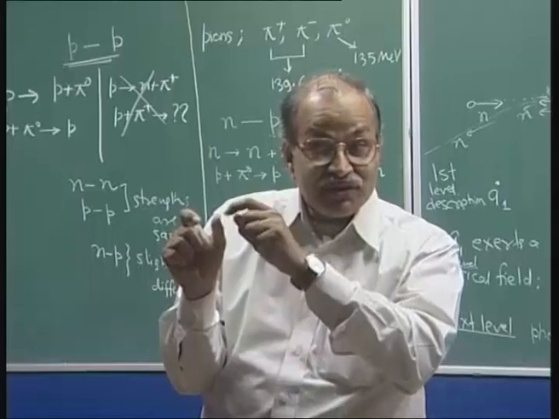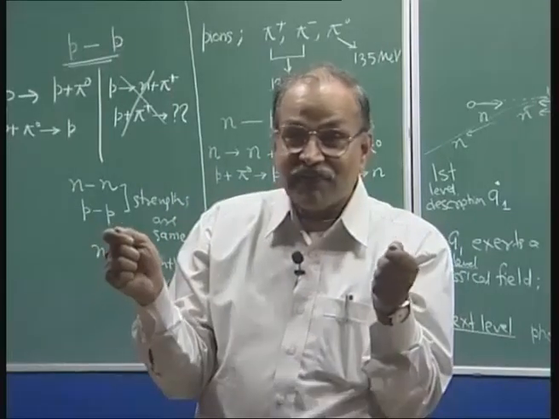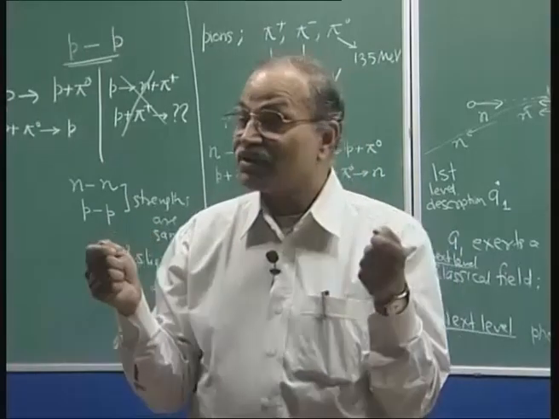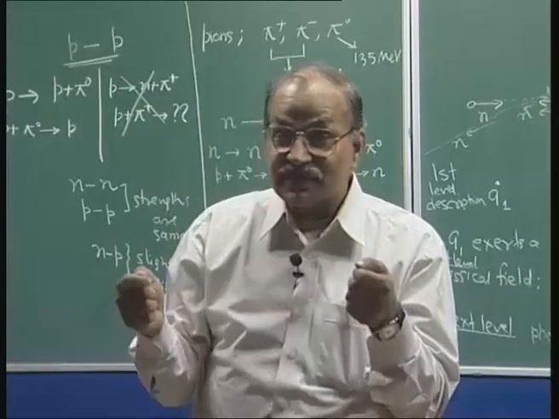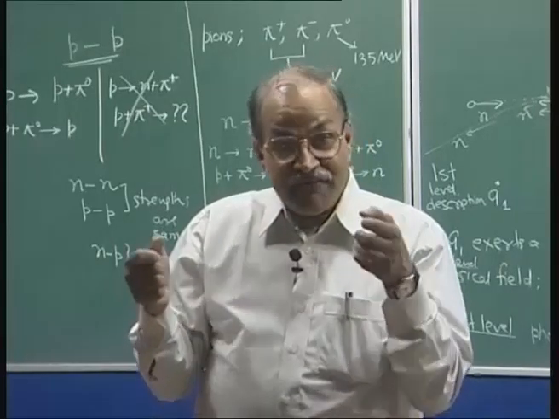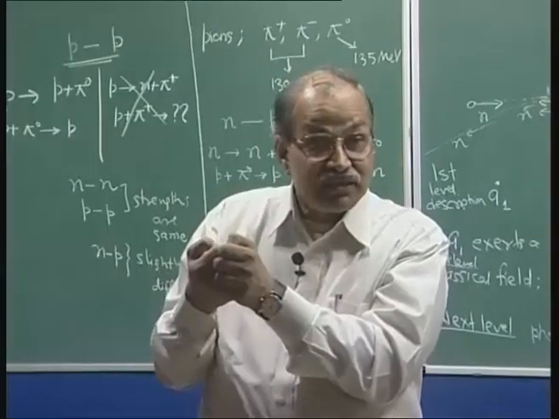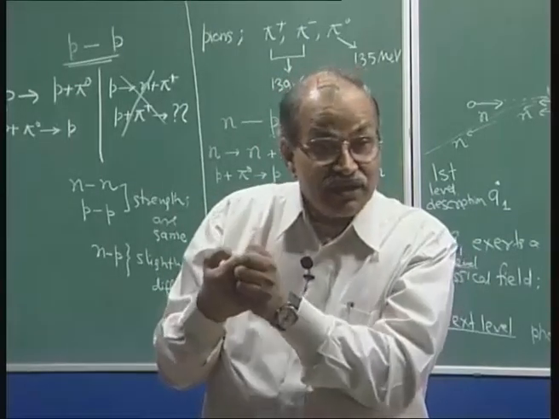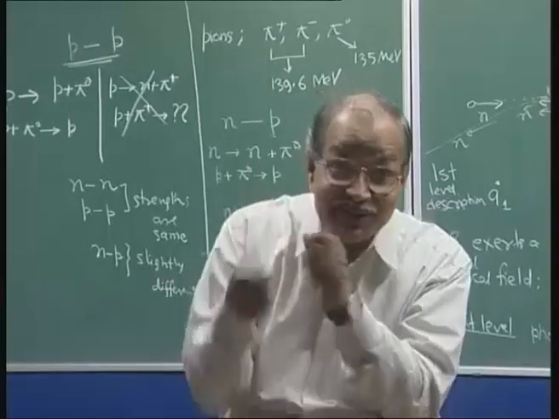So, these mesons will not contribute to the interaction if the two nucleons are at a separation of 1, 2 or 1.5 femtometers. But if nucleons are pushed to that small separation, 0.4, 0.5, 0.3 femtometers, then those mesons will also start interacting.